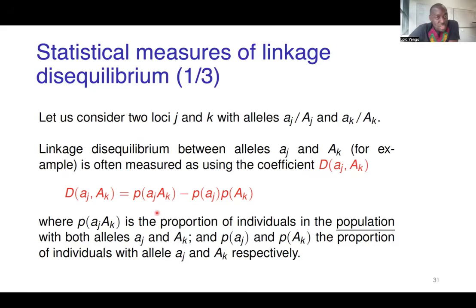So we're looking again at the proportion of individuals in the population with both allele small a_J and A_K in that particular haplotype, minus the product of those frequencies independently, which is what you would expect if there is essentially no correlation between those alleles.